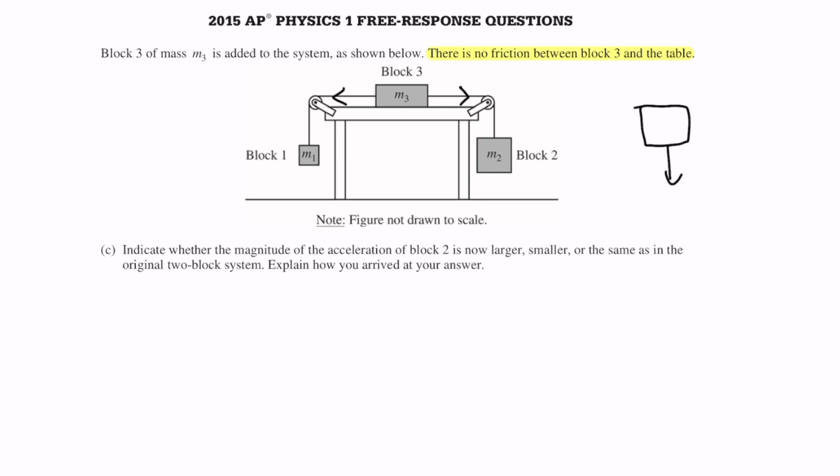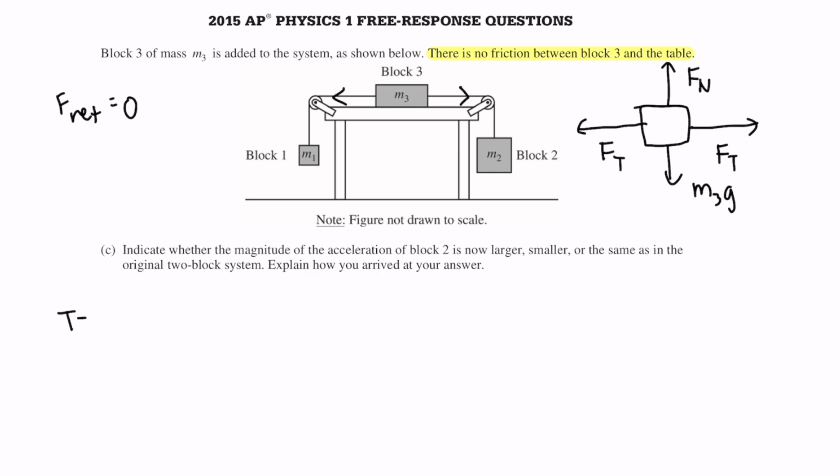And then in the vertical direction, there's the weight and then the normal force. And because it's not moving or accelerating in the vertical direction, those two also cancel out, which tells us that the net force acting on block 3 is 0. So it makes no contributions in the vertical or horizontal direction of the net force on the system.